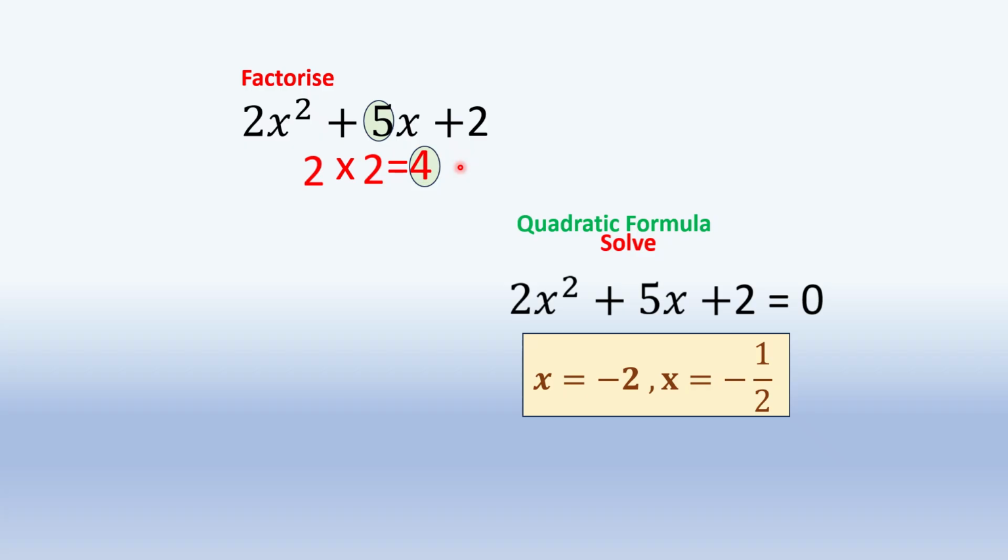So what numbers multiply to make 4 and add to make 5? It's just 1 and 4, because 1 times 4 is 4 and 1 plus 4 is 5. So that's very good. Now what I will do is I will write this number, this part, this term, 2x squared.